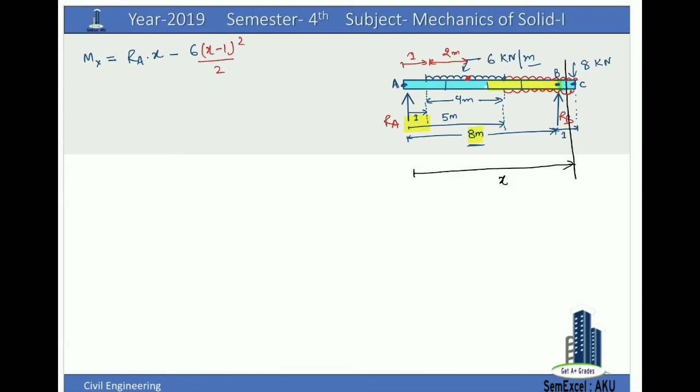Again, I am writing the moment due to the UDL which is in the upward direction. It will be equal to 6 into (X minus 5) squared by 2. Why 5? Because this distance is 5 meter. Moment due to RB will be equal to RB into this distance, X minus 8.